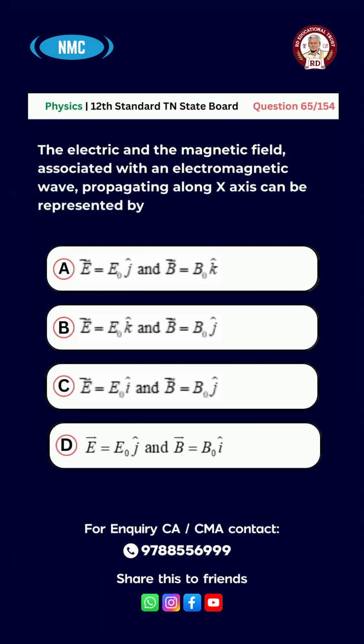Option C E vector equal to E naught i cap and B vector equal to B naught j cap. Option D E vector equal to E naught j cap and B vector equal to B naught i cap. And the right answer for this question is option B E vector equal to E naught k cap and B vector equal to B naught j cap.